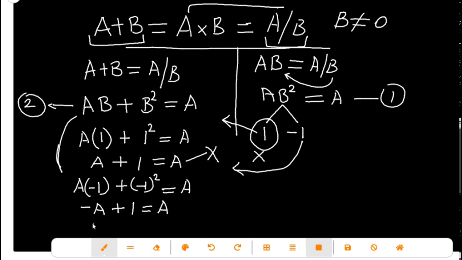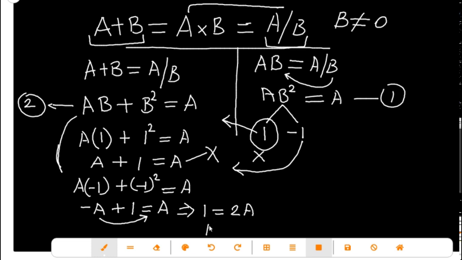Okay, so now we are coming to some value, right? We are finding some value for a. So let's move this a on this side. So we will have 1 equal to 2a, because minus will move to that side, it will become plus, so it will be 2a.